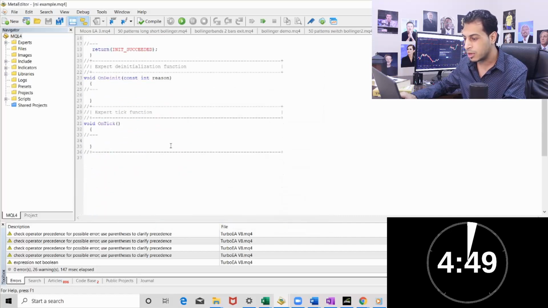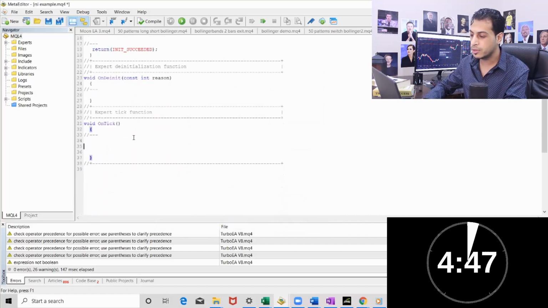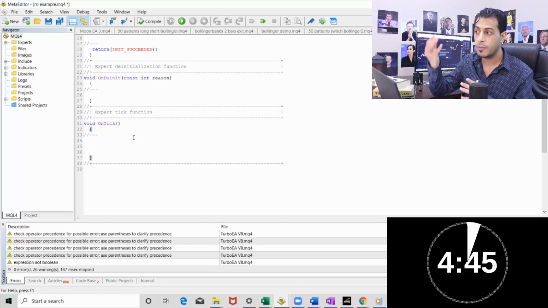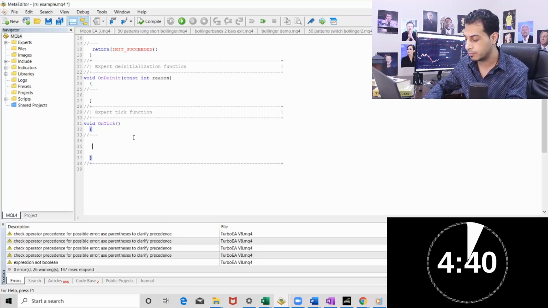So what I will simply do, I'm going to say if the RSI is above 70, so if it crosses above 70, I'm going to open a sell position. So first of all, I'm going to define the indicator right here.